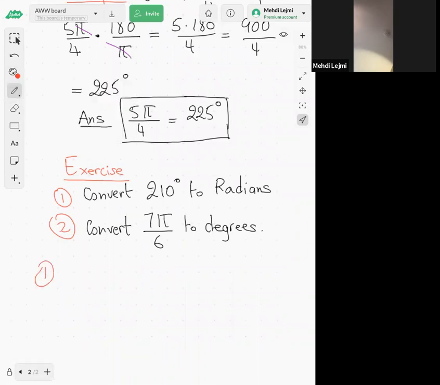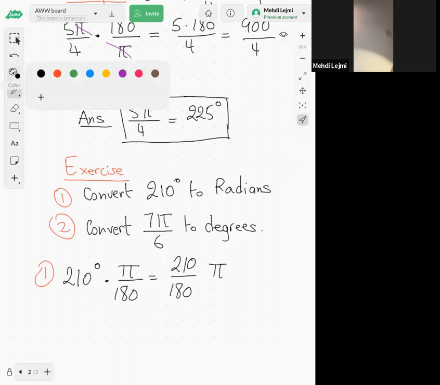For number 1, this is 210 degrees. To convert from degrees to radians, we multiply by pi over 180. So this is 210 over 180 pi. Then we have to reduce the fraction. That's really important, otherwise your answer is not correct. You can divide by 10, so it's 21 over 18 times pi.